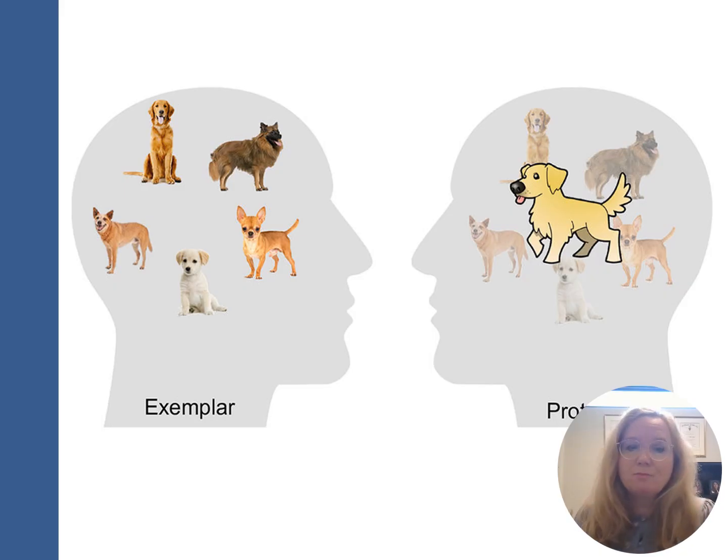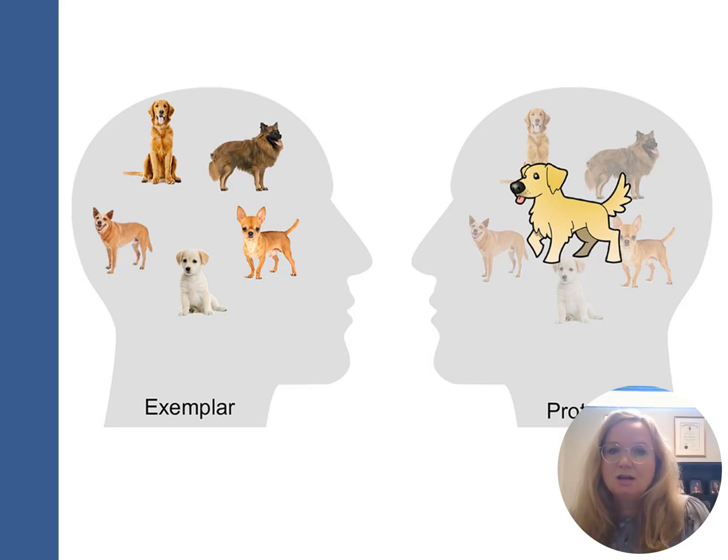The alternative approach would be to think about interacting with specific instances or exemplars in your world, in your history. What this model would suggest is that your idea about a dog, and how you use that information to classify new dogs, is based on your personal experience with dogs in your life. Say you grew up and you had a miniature Schnauzer as one of your dogs, and now you have a Cavalier King Charles Spaniel.